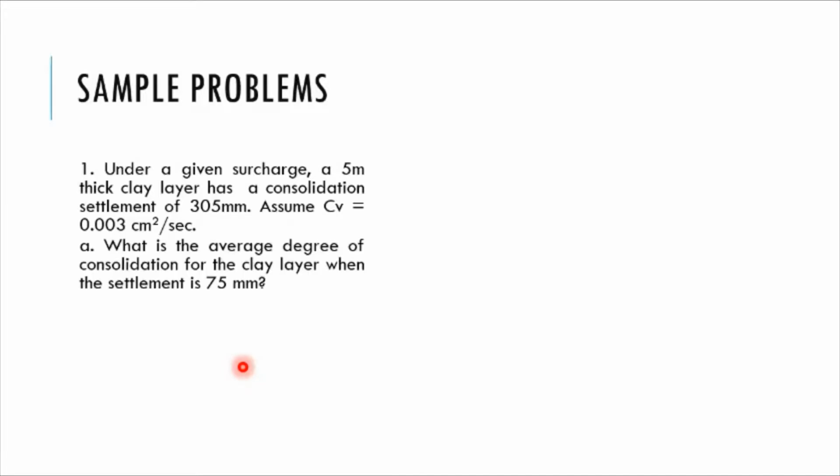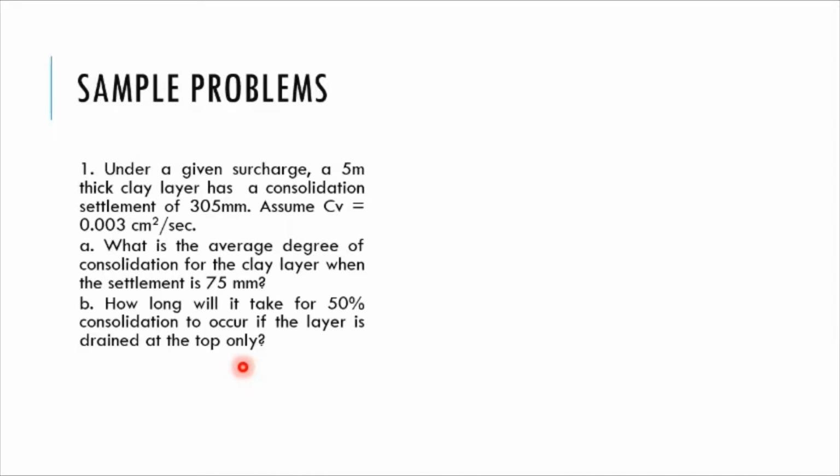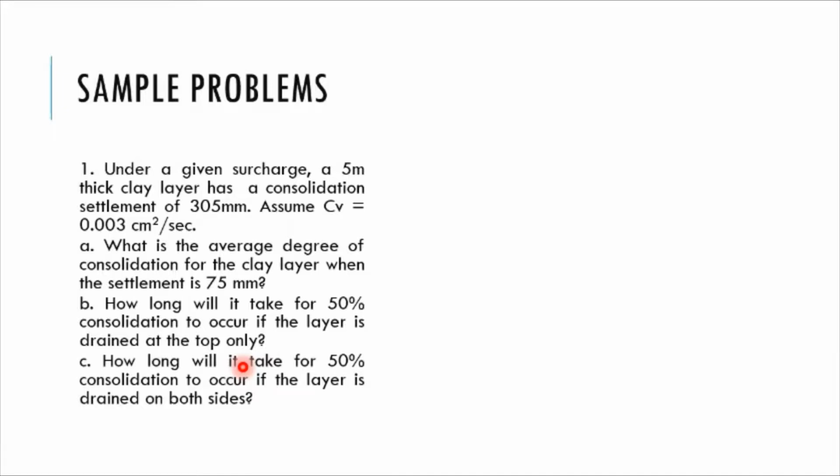What will be the average degree of consolidation for the clay layer when the settlement is 75 millimeters, and how long will it take for 50% consolidation to occur if the layer is drained on the top only? And lastly, how long will it take for 50% consolidation to occur if the layer is drained on both sides?